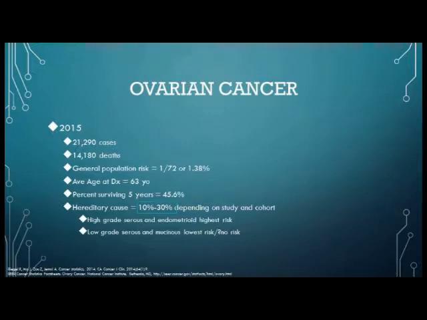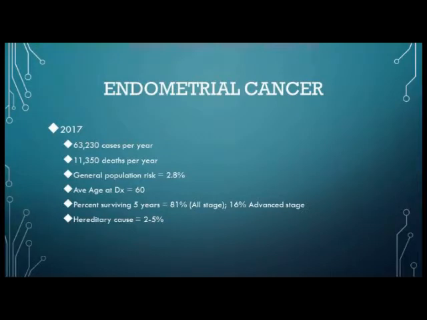In endometrial cancer, there's significantly more cases per year, 63,000, and 11,000 deaths, so those numbers are much further apart than in ovarian. The population risk is almost over twice that of ovarian, 2.8%. Average age is similar at 60. Surviving 5 years, if you look at all stages, is 81%, because many of these are caught at a much earlier stage.